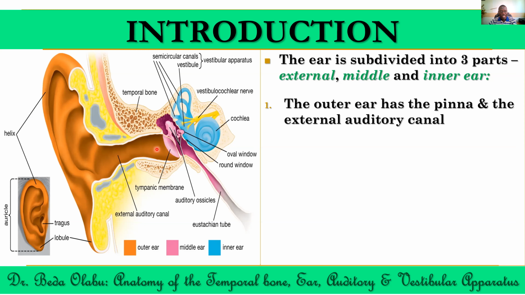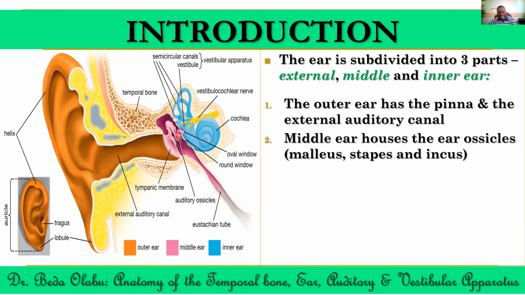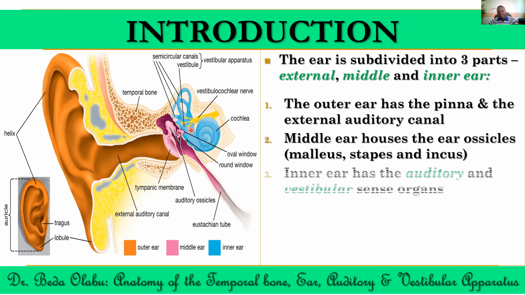Now, the ear ossicles primarily amplify the vibrations which come from the eardrum. And through that amplification, the vibrations are then sent into the inner ear. The inner ear is the one that houses the receptor organs for hearing and the receptor organs for equilibrium.